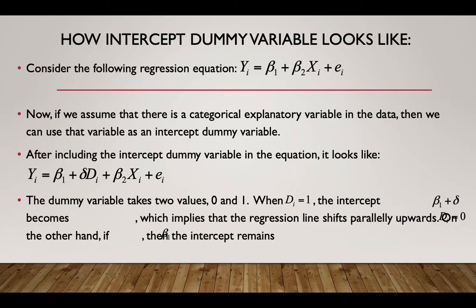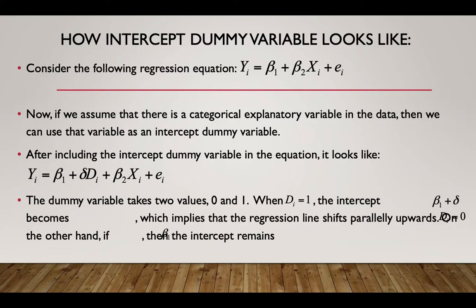Now, the dummy variable takes only two values, that is 0 and 1. If di equal to 1, then the intercept will become beta 1 plus delta, which implies that the regression line will shift parallelly upwards, and the vertical distance between the new regression line and the old regression line will be delta.